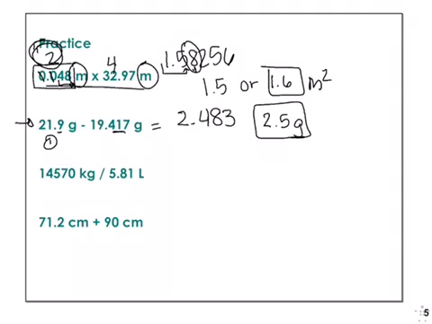All right, looking at the next example, we have 14,570 divided by 5.81. Sig figs or decimal places? Sig figs, good. And so how many sig figs can our answer have? 3 right here. So when we do that, 14,570 divided by 5.81, we get 2,507.7456 or 266.